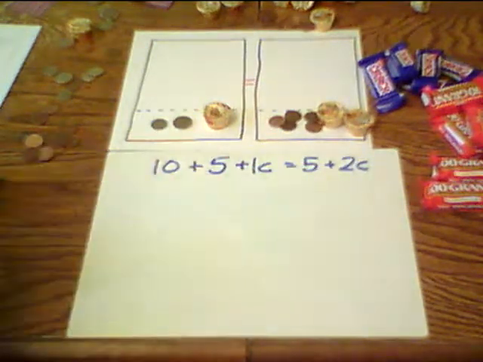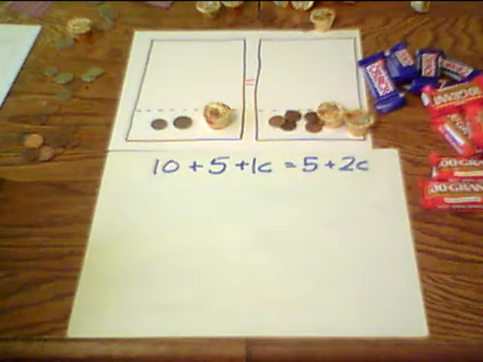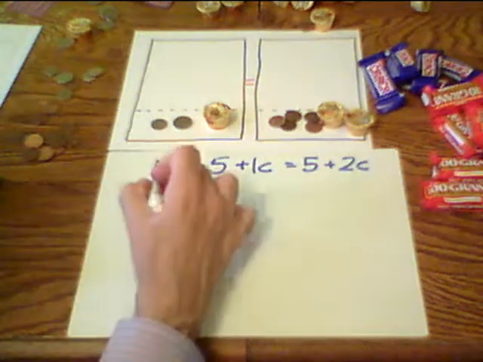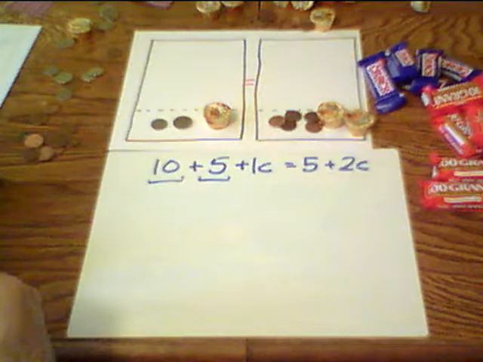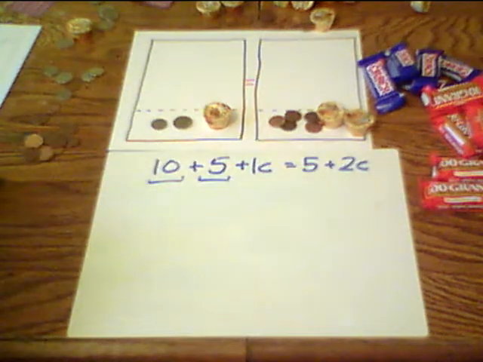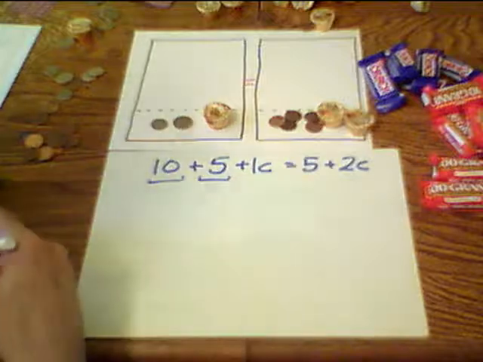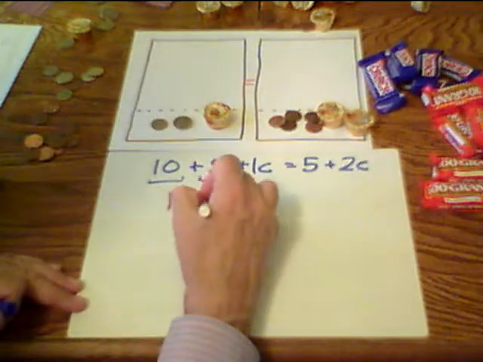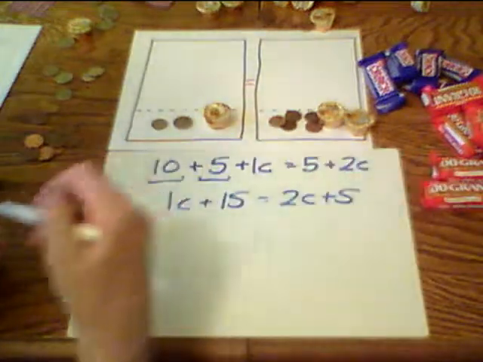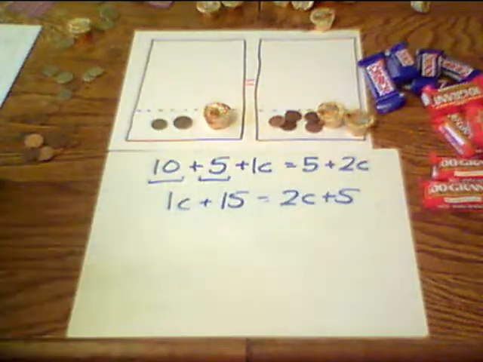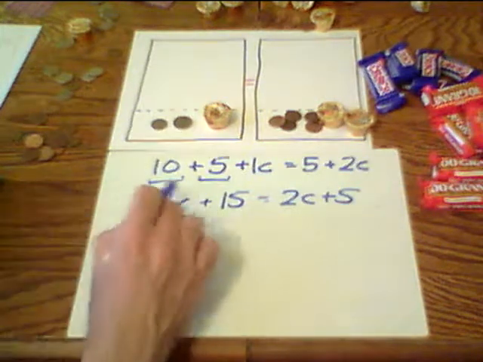They're going to write 15 plus 1c, or 1c plus 15. They have combined like terms in such a meaningful way, they don't even recognize that they skipped that step. That they basically took a problem like this and they just said, well, it's going to be 1c and 15 equals 2c plus 5. Okay, so that's where we can talk about, well, geez, how did you know to do that? Okay, I said, well, these are the same things.